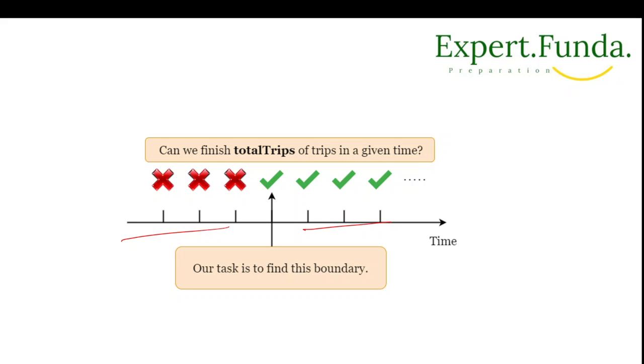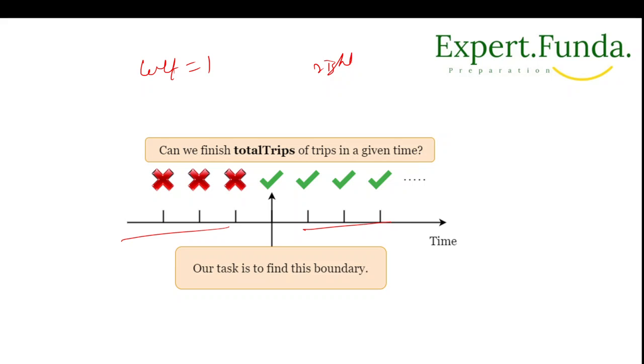Okay, and since it is a minimum possible time, we also set the right boundary as right equal to total trips plus maximum time. What I am trying to say here is, let's suppose we set the left boundary equal to 1, since it's the minimum possible valid time, so we also set the right boundary.